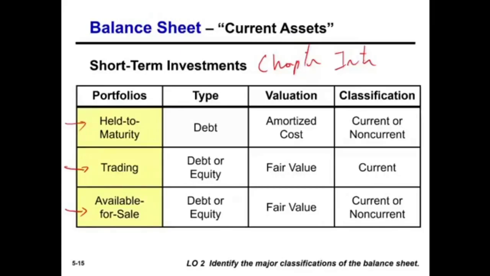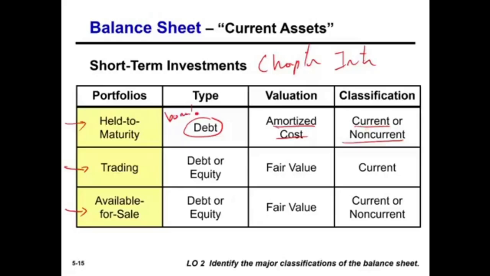If it's held to maturity, the only type of investment you could have is debt, because that's the only thing that matures. You would report this at amortized cost. So as far as you're concerned for this chapter, you report it at cost. The classification could be current or non-current. So that could be a bond.